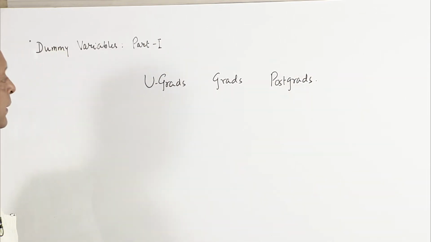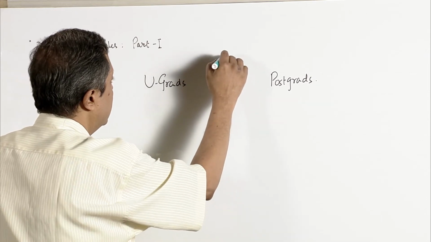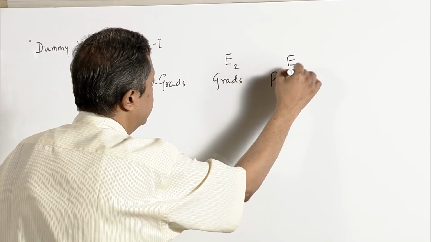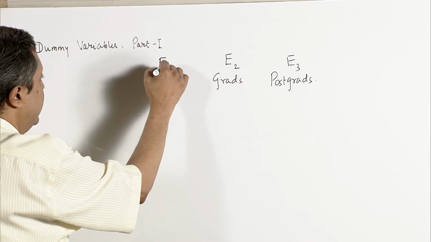So, we will now consider two dummy variables, E2 and E3. Of course, implicitly there is this possibility E1.